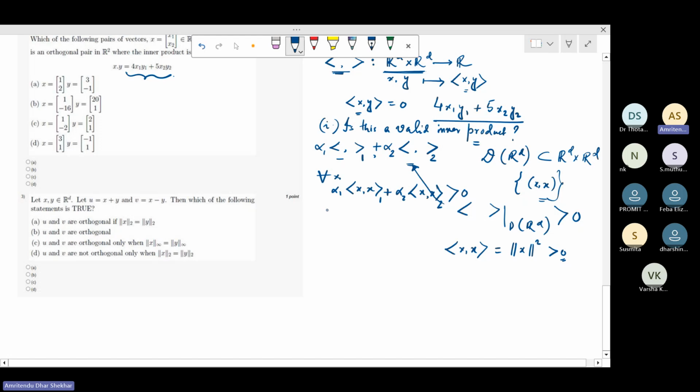So alpha 1 times norm of x squared plus alpha 2 times norm of x squared should be greater than 0. This has to be true for all x.